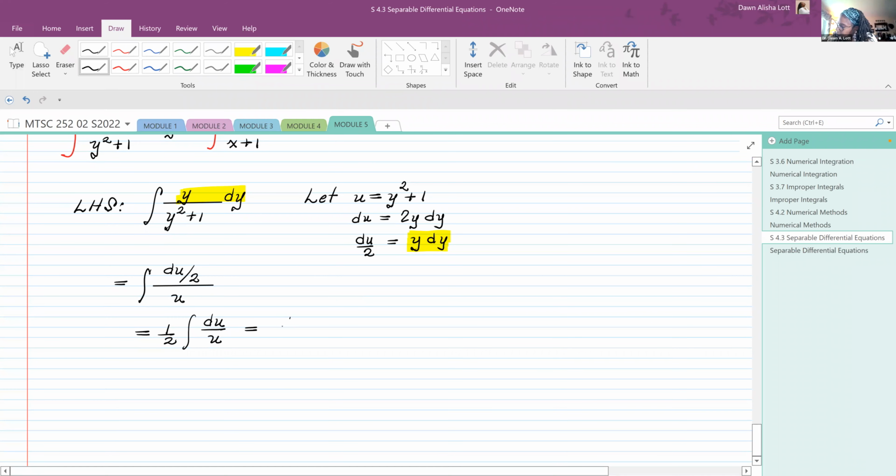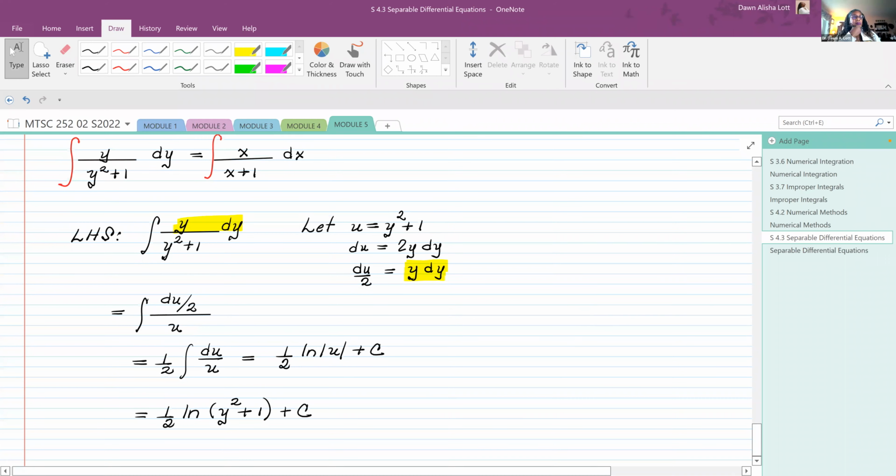Okay. 1/2 the natural log of the absolute value of u plus a constant. So that's 1/2 the natural log. Since u is y squared plus 1, which is always positive, I can get rid of the absolute value. And I get plus c. So that's the left-hand side. Okay. Thank you, Rodney. Cool. Real good, real good.